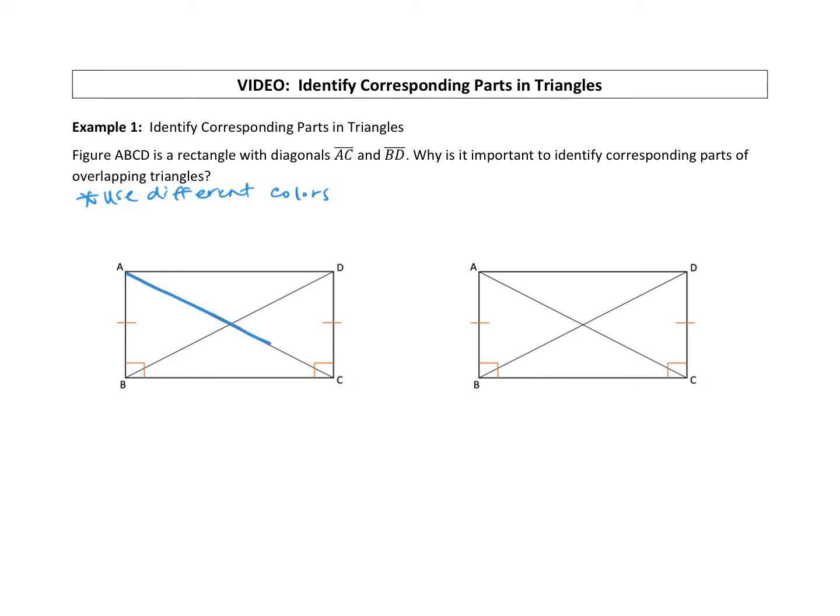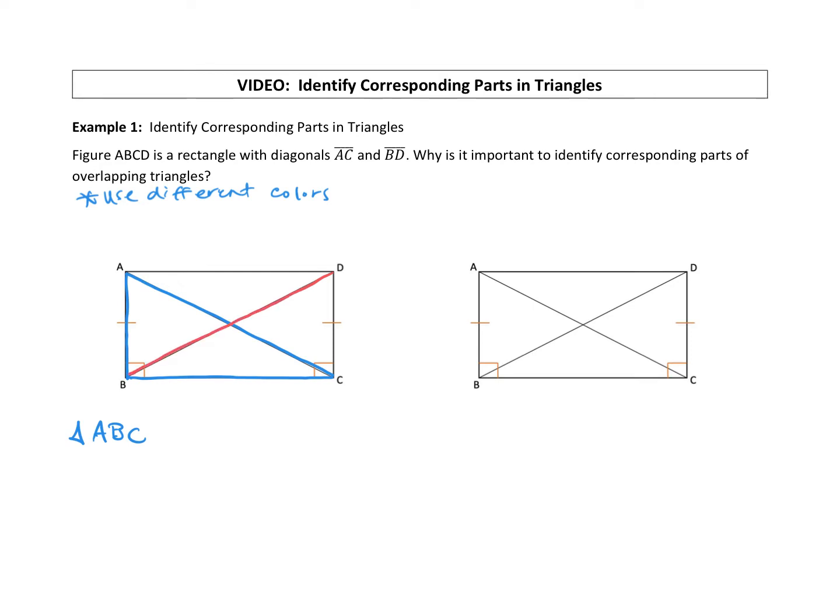So here's AC. And we were told something about side AB because it has a congruency mark. And I can see that I am forming triangle ABC.